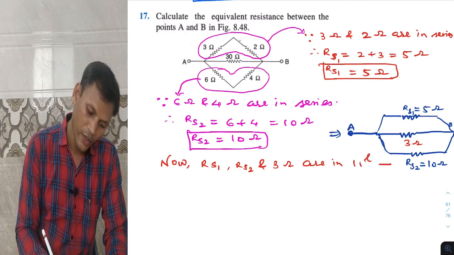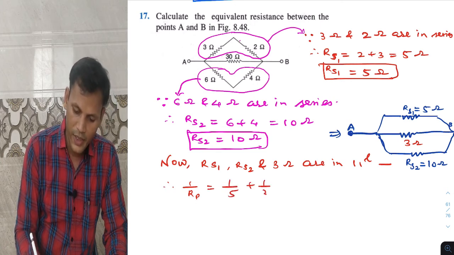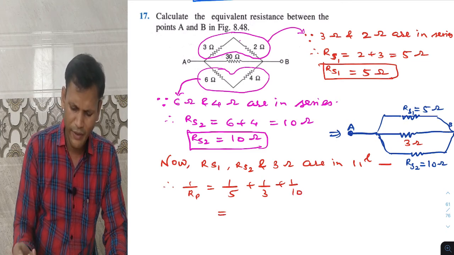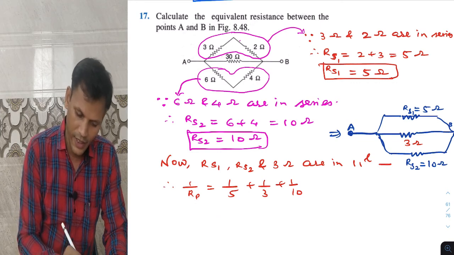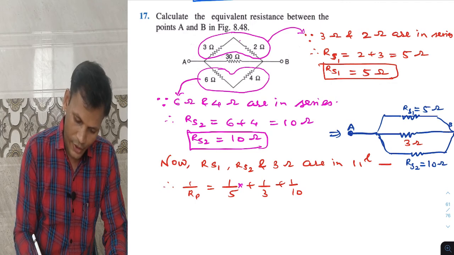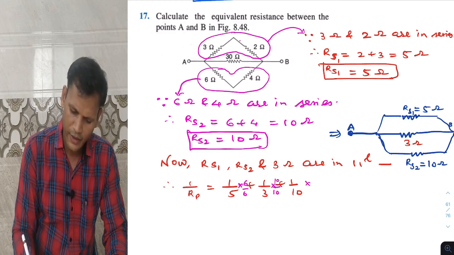Therefore 1 upon Rp will be 1 upon 5 plus 1 upon 3 plus 1 upon 10. We can do it by multiplying with numbers to take the LCM, which is 30.